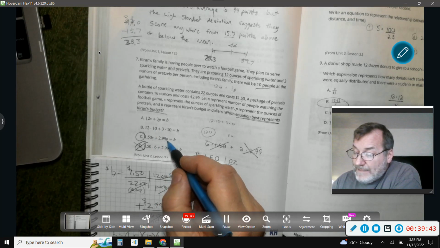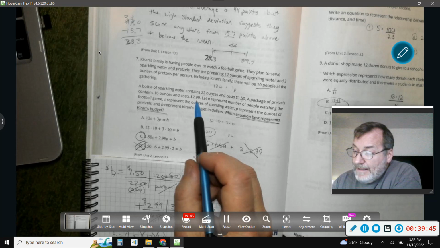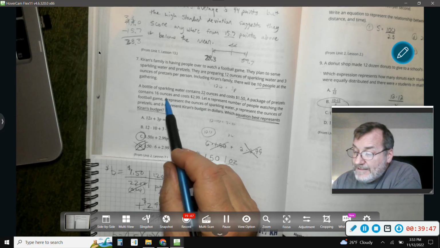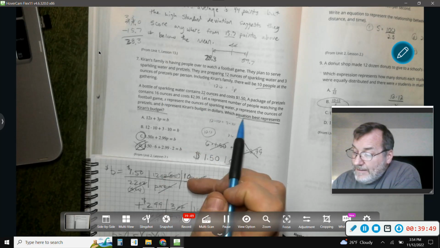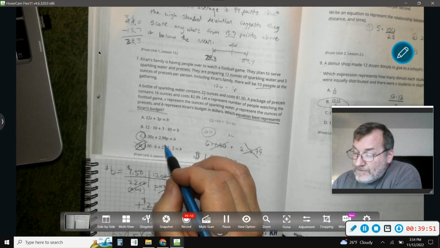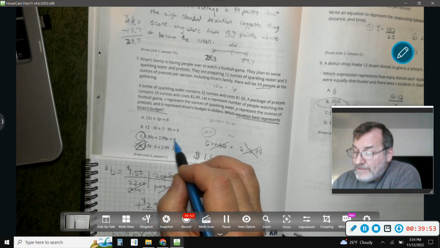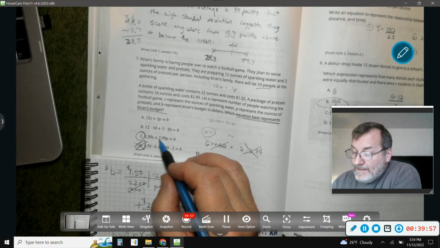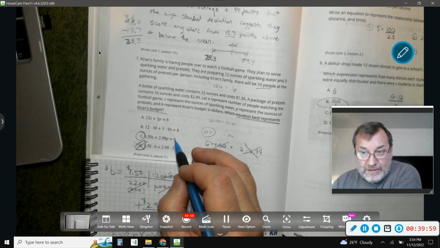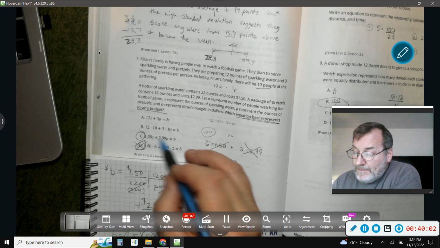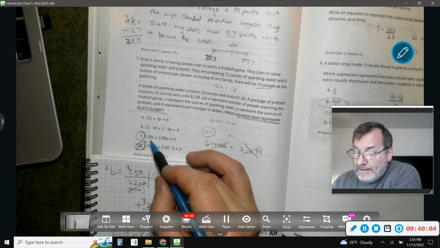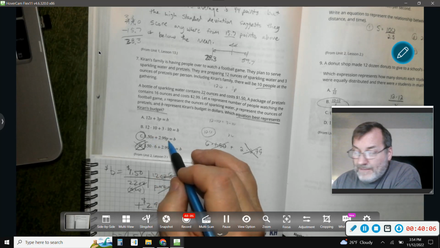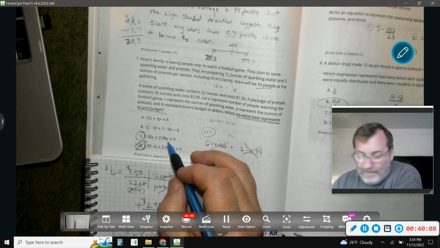And then 2.99 times P. 2.99 is dollars for 16 ounces, and P is the ounces of pretzels, so that will cancel out. So this one will actually work. You'll get something along here. This is like the amount that you're going to have per person. It will work, but not the best if you want the total amount.